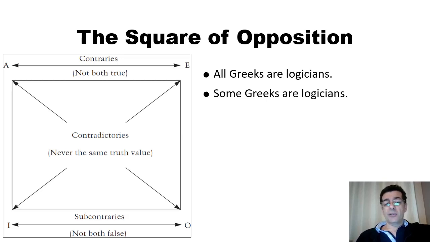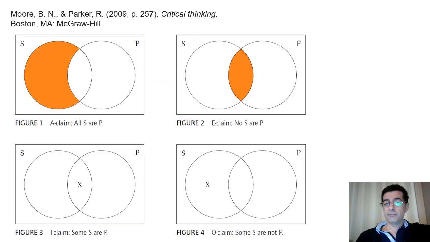The diagonal arrows here suggest that the opposite diagonal corners cannot have the same truth value and are therefore contradictory. Look at these figures. Look at the opposite diagonals, figure 1 and figure 4. Aren't the same areas marked?